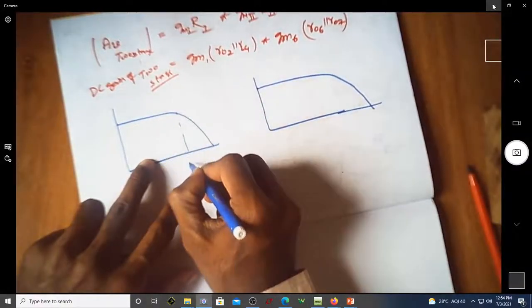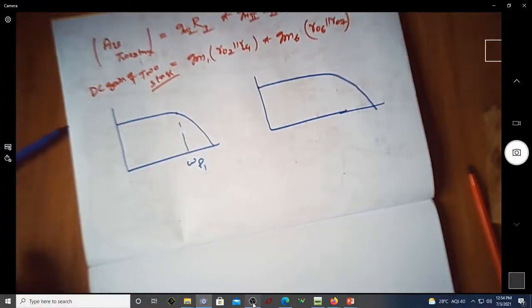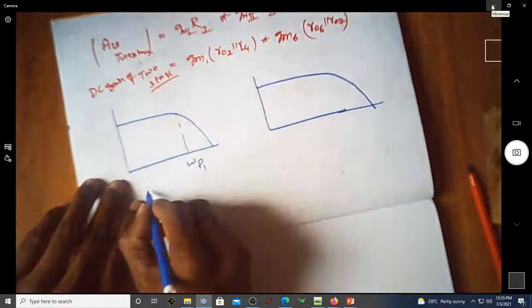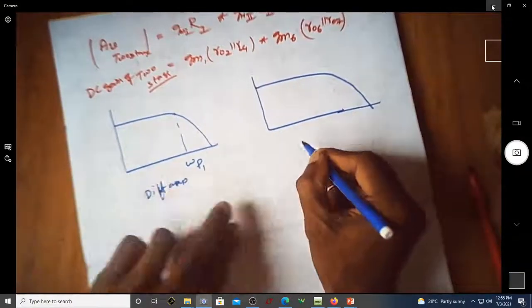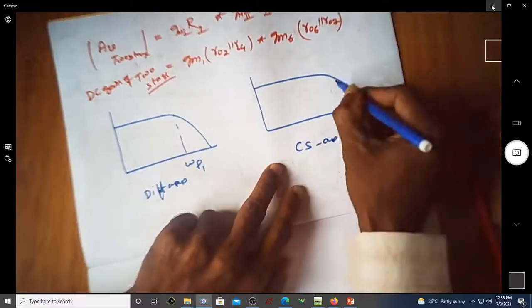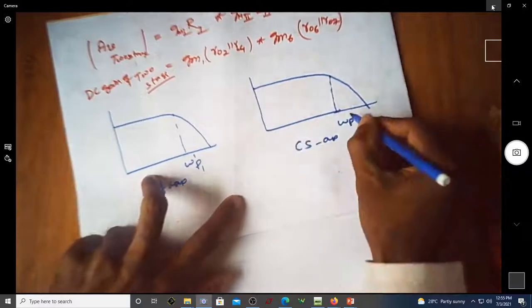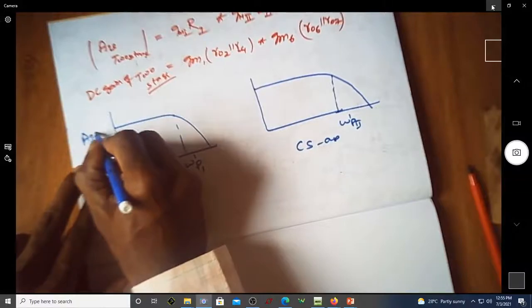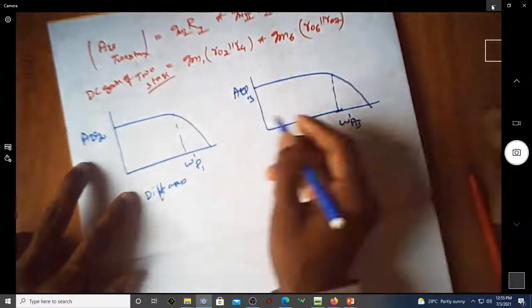So let me say this as omega P1 dash. Assume that this is of the differential amplifier, and this is of the CS amplifier. So I have omega P1 dash, this is omega P2 dash, this has a gain of AV of differential, this is AV of CS amplifier, and so on.